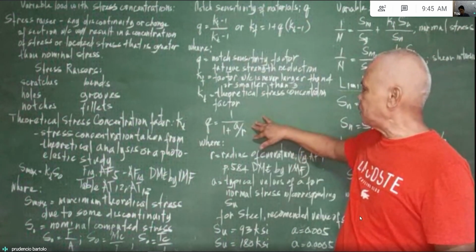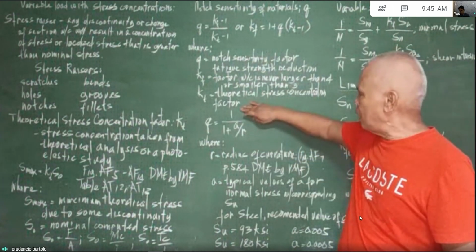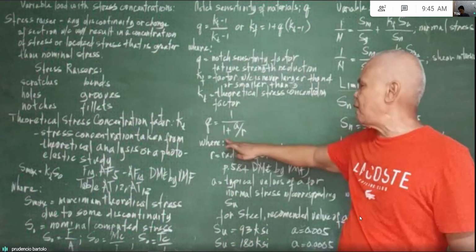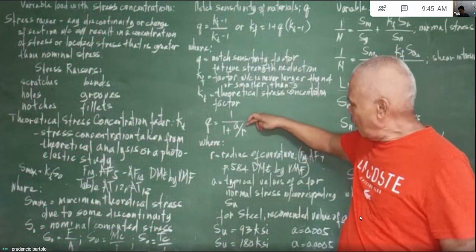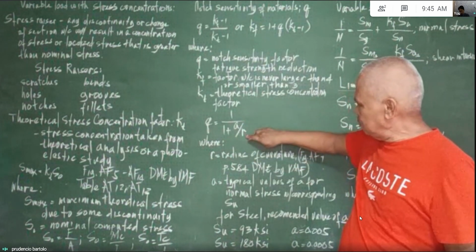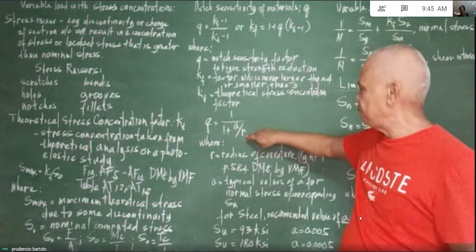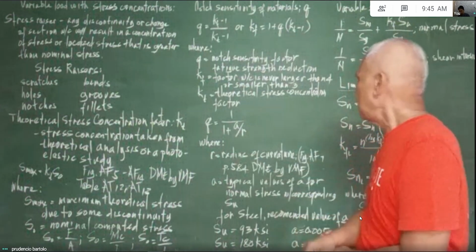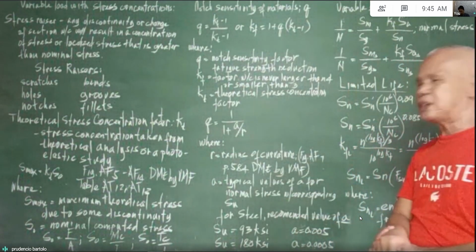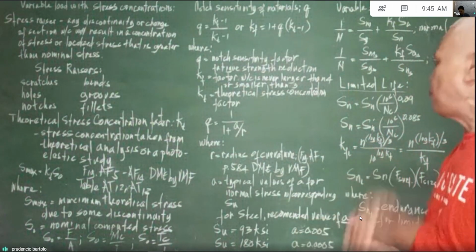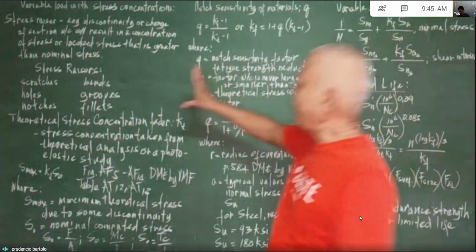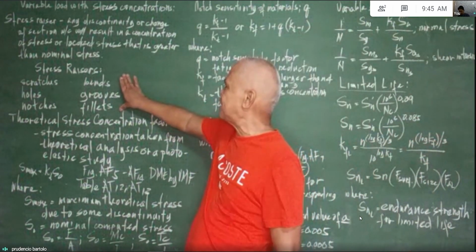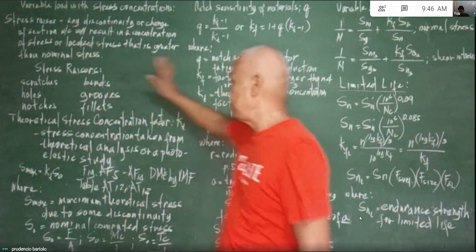Therefore, we can also take q equal to 1 over 1 plus a over r. Now, this small letter r is what we call the radius of curvature of any of the stress raisers.